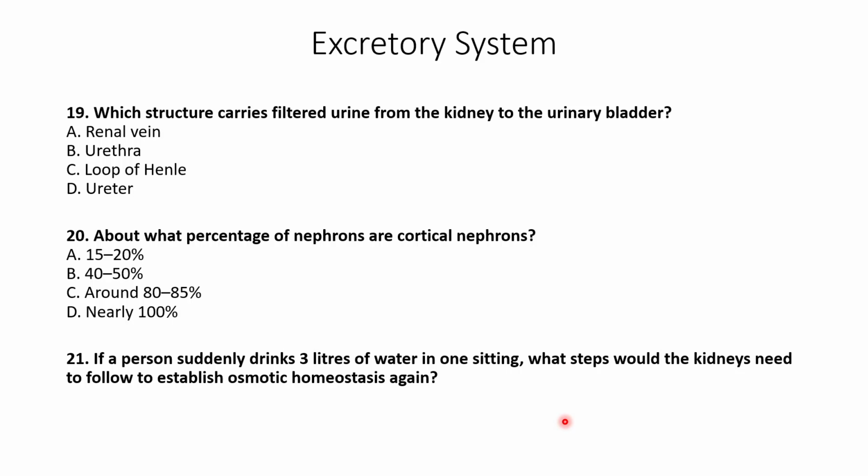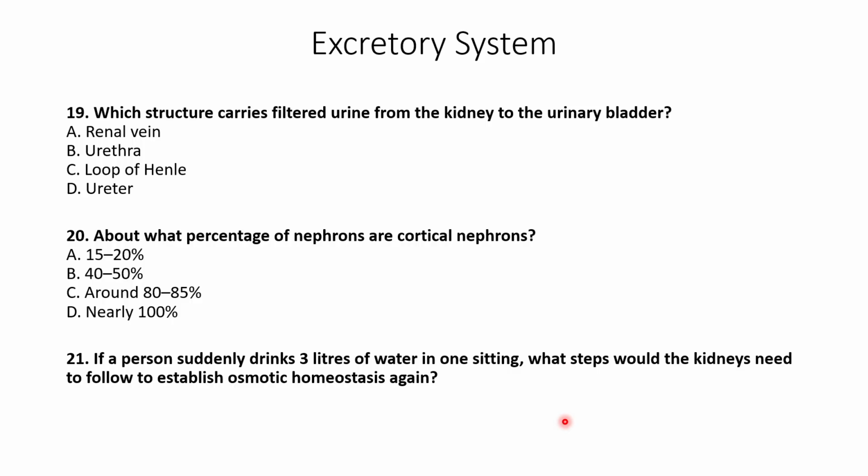Now you have to be careful here as well. If you are releasing so much water, you want to make sure that you don't release all the sodium that you have, right? You don't want to disturb the sodium levels, but you want to remove excess water. So you have to make sure that the solute loss is minimized, but the water itself is excreted.